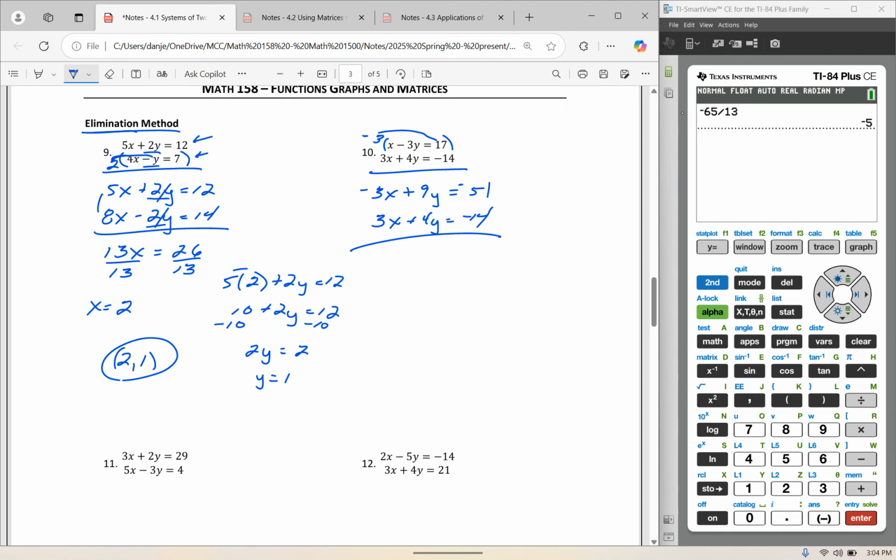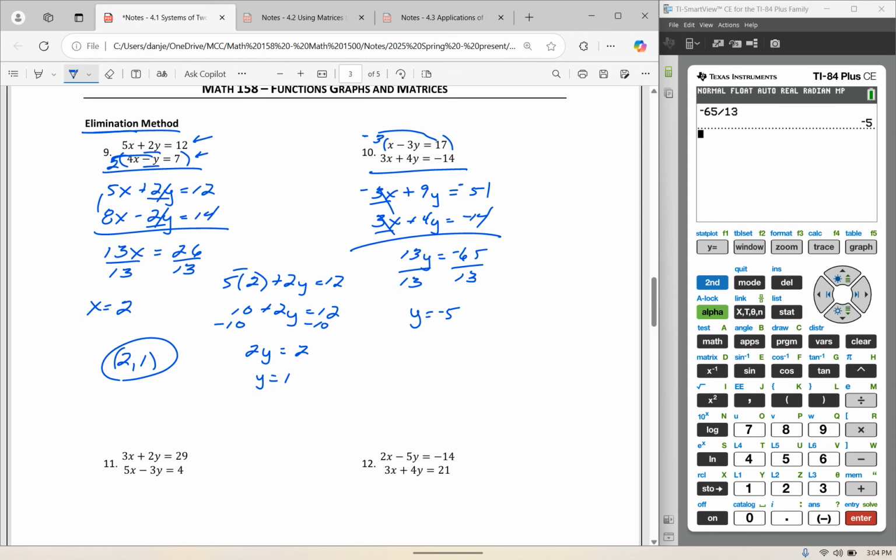Now combining these, negative 3x and 3x will cancel each other out. They'll add up to 0. 9y and 4y is 13y. Negative 51 and negative 14 is a negative 65. So once again, when we divide by the 13, y equals negative 5.